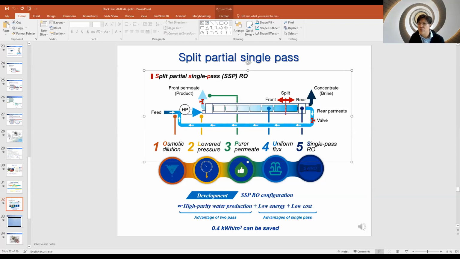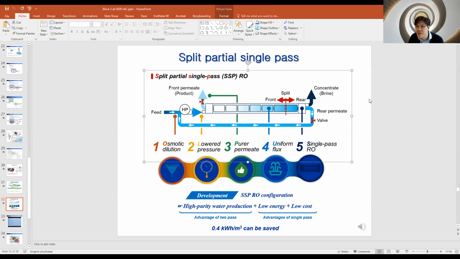You have high purity of water in the permeate because the high concentration permeate is completely separated and mixed with the feed side. At the same time, you will have low energy and low cost, because you have diluted the TDS concentration of seawater, and then you have a low osmotic pressure. That's the reason why you have a low energy cost.